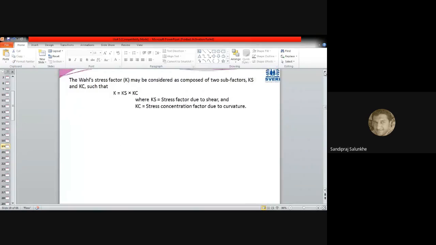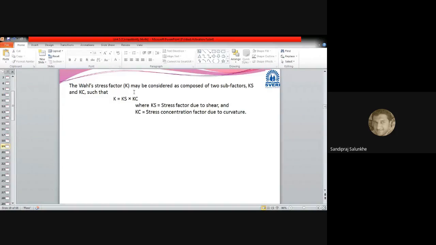Now, just here one note has been mentioned that this shear stress factor is nothing but the shear stress factor due to shear multiplied by the shear stress factor due to curvature.